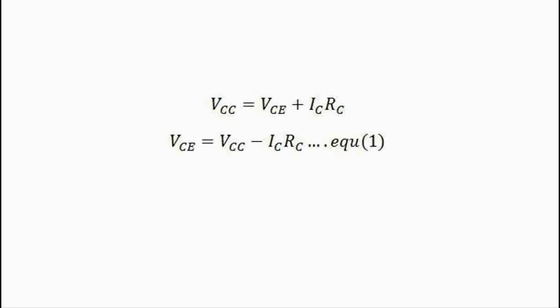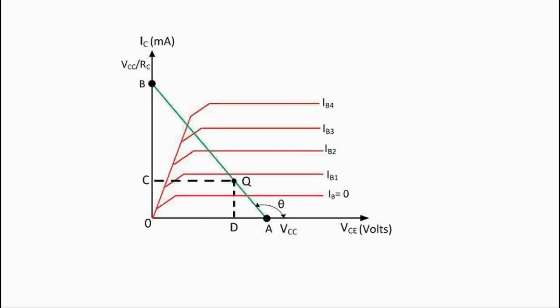This equation shows that VCC and RC are constant values and it is a first degree equation, which is represented by a straight line on the output characteristics. This load line is known as a DC load line. The output characteristics is used to determine the locus of VCE and IC point for the given value of RC.